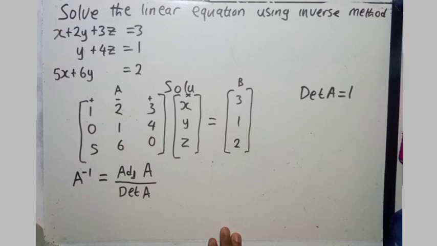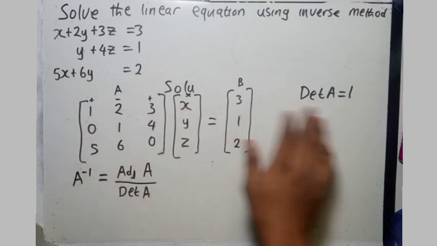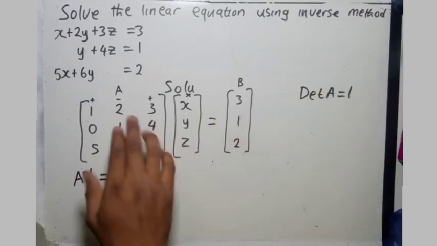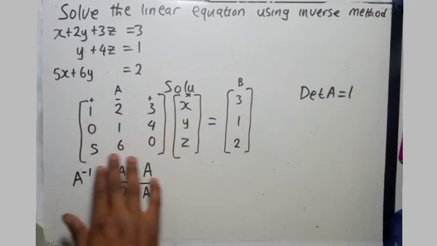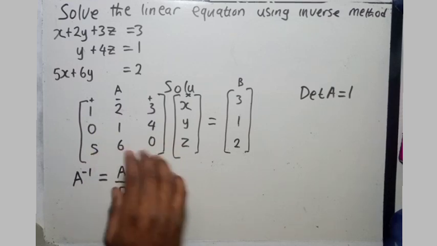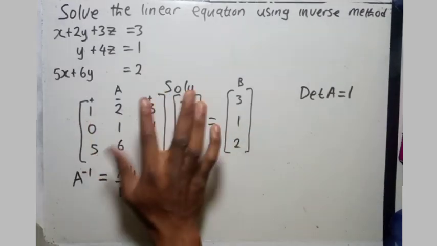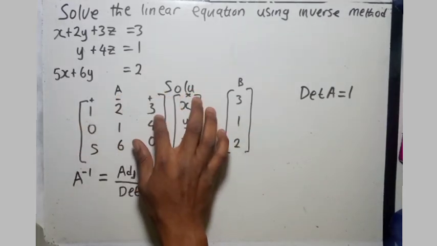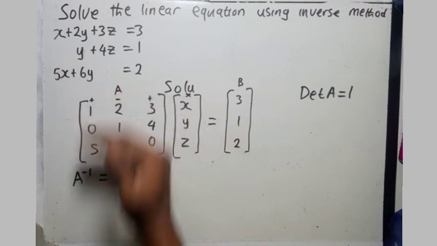When you get that, then your adjoint will require you to solve a determinant, the way we solved our determinant, for each and every single one of these 9 values in this box. For our determinant, we just use one particular row to get our determinant.